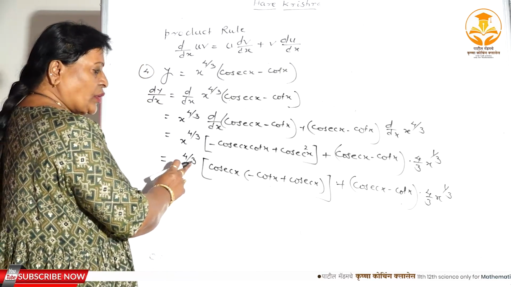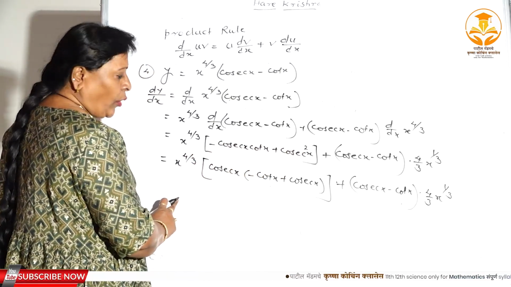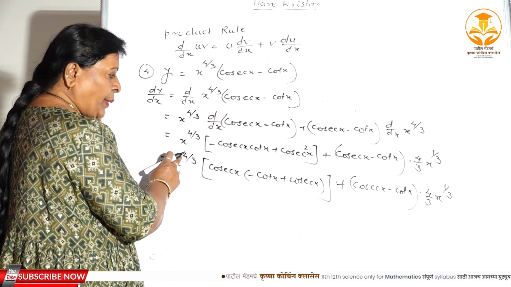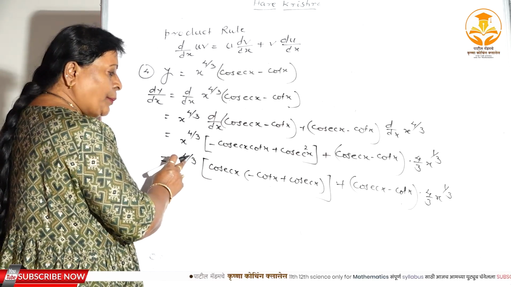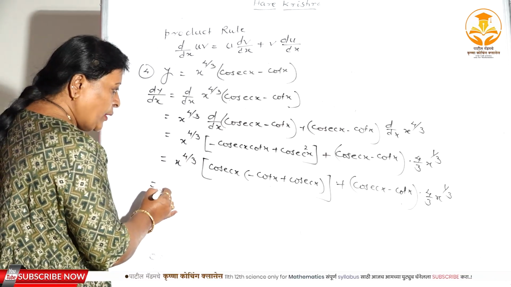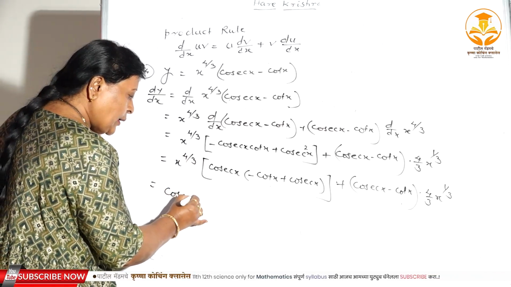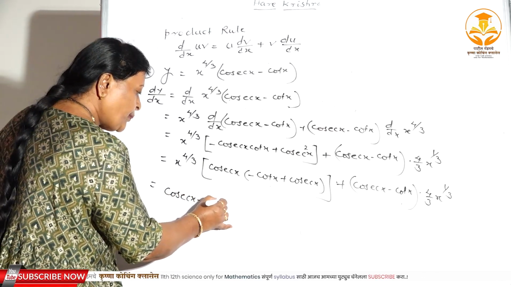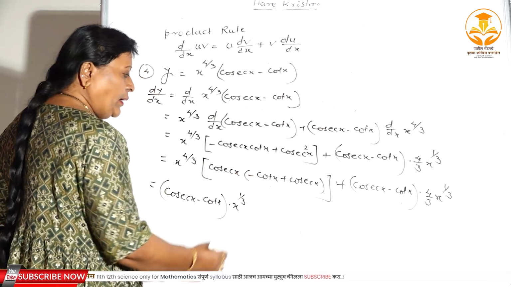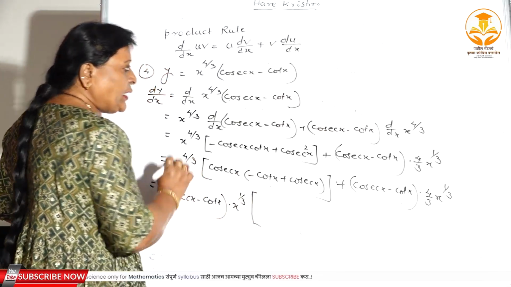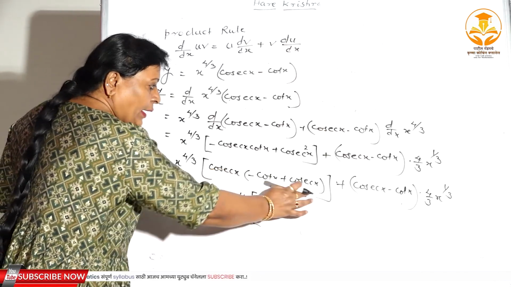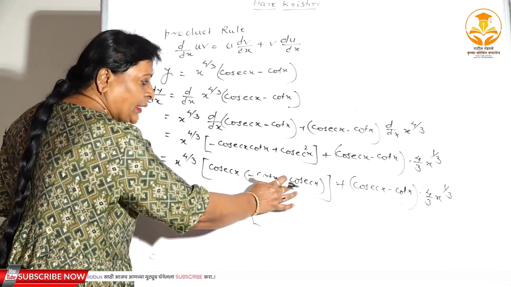And again, x to the power 1 by 3 also you can take common, because suppose you take x to the power 1 by 3 common, you can subtract 1 by 3 from 4 by 3. Isn't it? Therefore, take common cosec x minus cot x and x to the power 1 by 3. Right? When you take anything common, then you have to divide the terms by it.